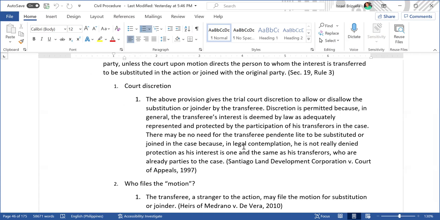In this case, there may be no need for the transferee pendente lite to be substituted or joined in the case because in legal contemplation he is not really denied protection as his interest is one and the same as his transferor who is already a party in the case. Santiago Land Development Corporation versus Court of Appeals.